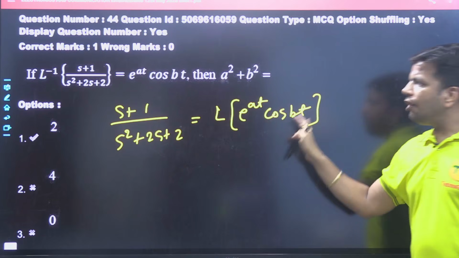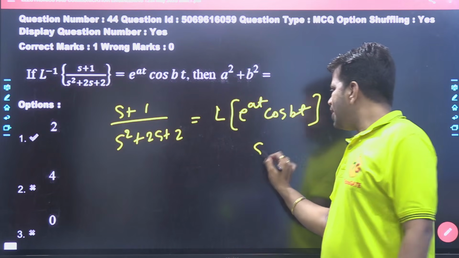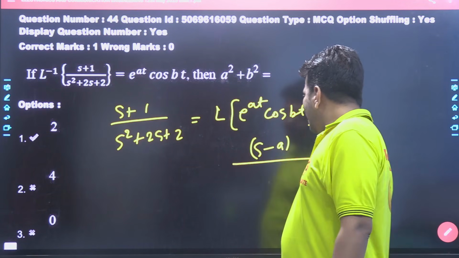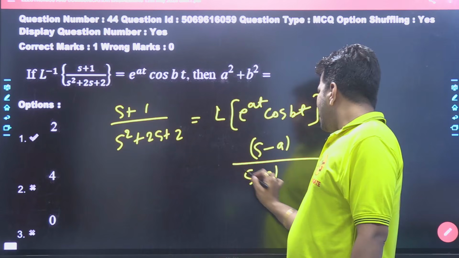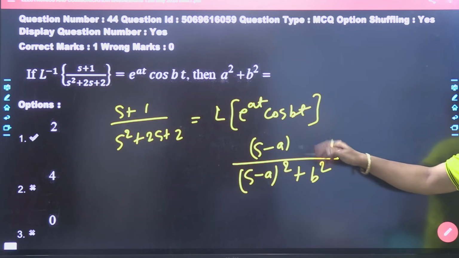The formula for the Laplace of e raised to at cos bt is simply s minus a divided by (s minus a) square plus b square.